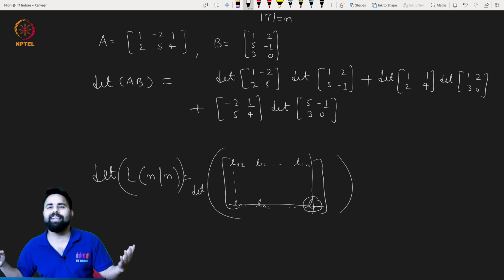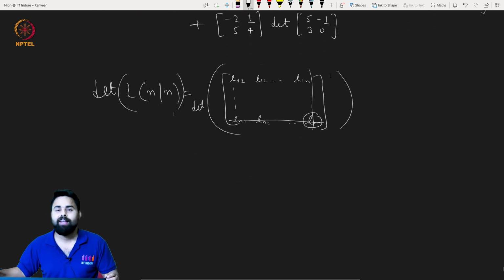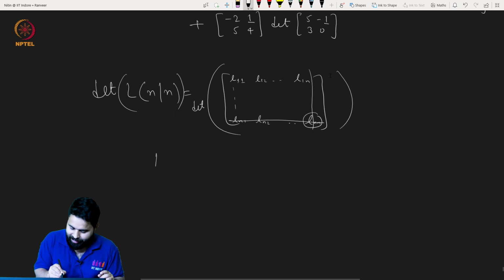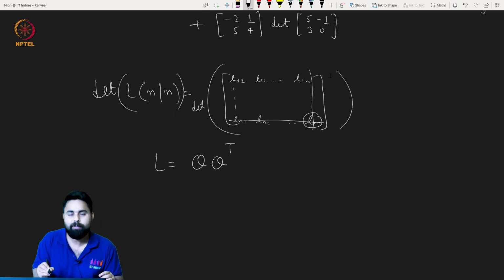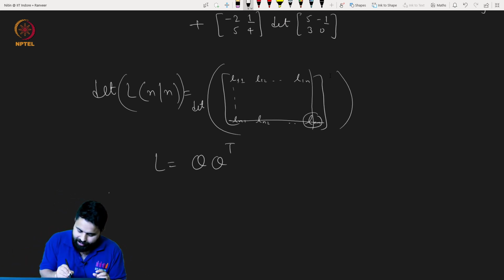Now how can we write it? We know that L is nothing but Q into Q transpose. I am not writing G, so it's Q into Q transpose. Now Lnn is what?